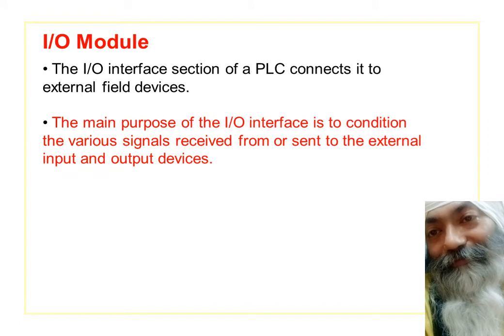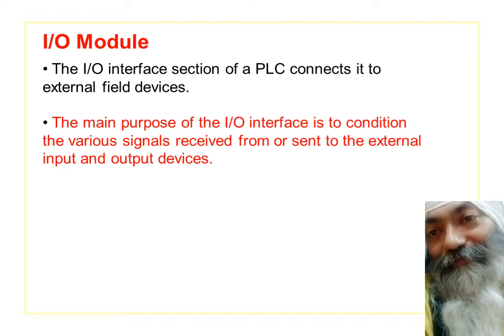The main purpose of this IO module is to condition the various signals received from or sent to the external input output devices. When I say conditioning, it can mean increasing or decreasing the voltage level. Conditioning can mean converting current into voltage or voltage into current signal. Conditioning can mean converting AC to DC or DC to AC, that kind of stuff.